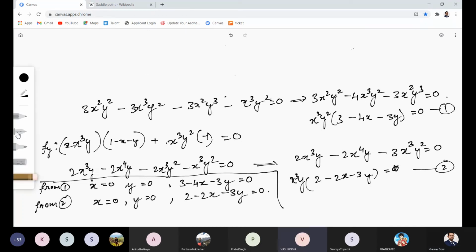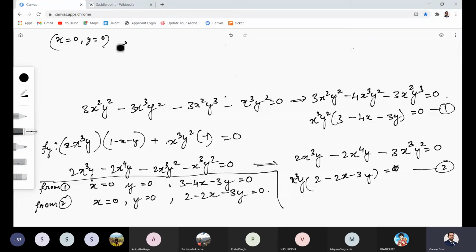So we can get the value of 3y from equation 1 and substitute it in the second one. That's what you're saying. Y equal to 1 by 3 and x equal to half. Yes, exactly. So x equal to 0, y equal to 0, that is one of the points.